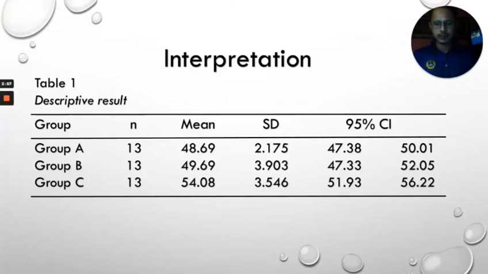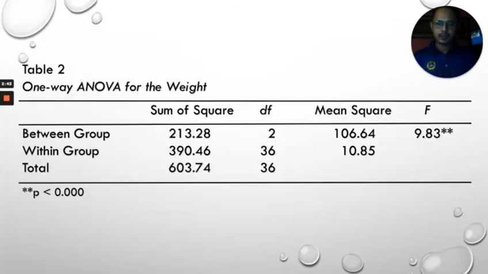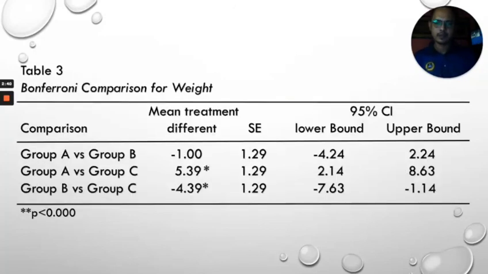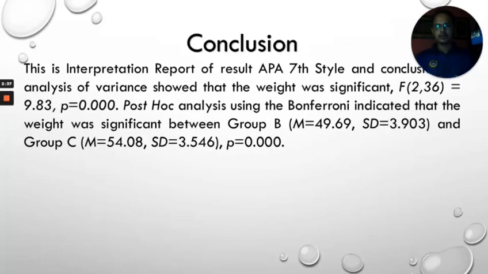This is the interpretation, the report of the result, using APA 7 style. In conclusion, the analysis of variance showed that the weight was significant, F(2, 36) equal to 9.83, with the p-value equal to 0.000.